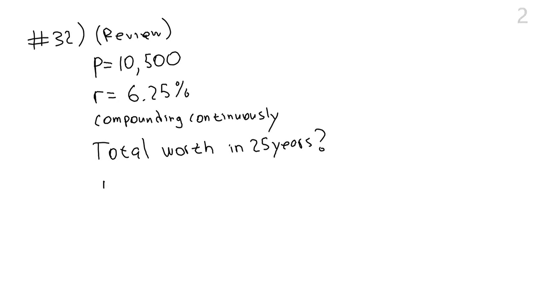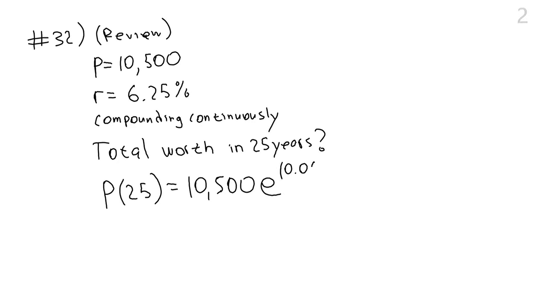So we use that second formula, and we plug in 25 in there. And this is going to be the principal amount times e to the 0.0625, the rate expressed in decimal notation, times 25.